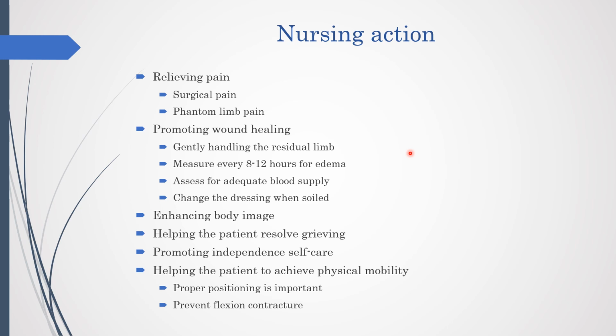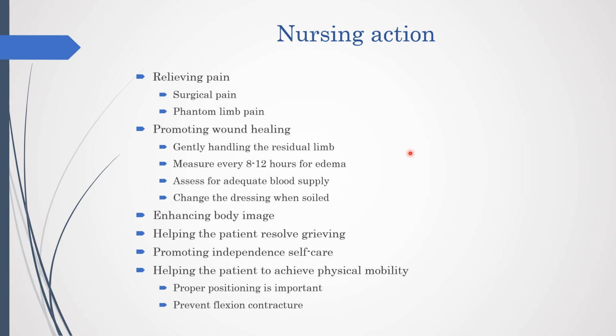Use your palms to reposition the residual limb. Check the affected limb for any edema every 8 to 12 hours. Assess for adequate blood supply. Change the dressing when it is soiled.